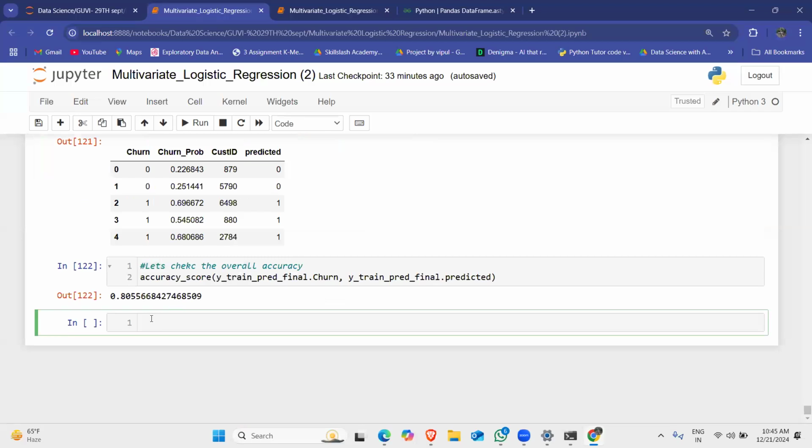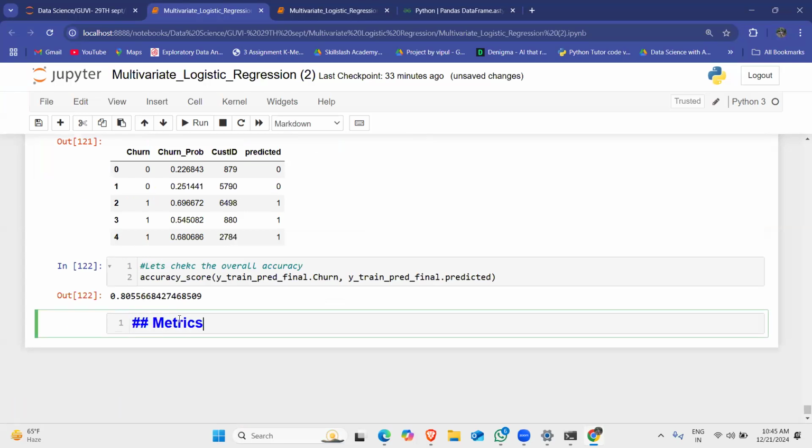And you can increase your accuracy. Now it's time to check the metrics beyond simply accuracy.